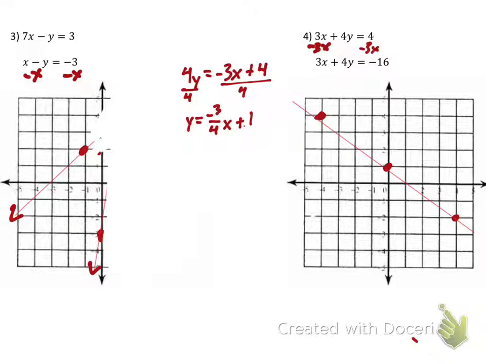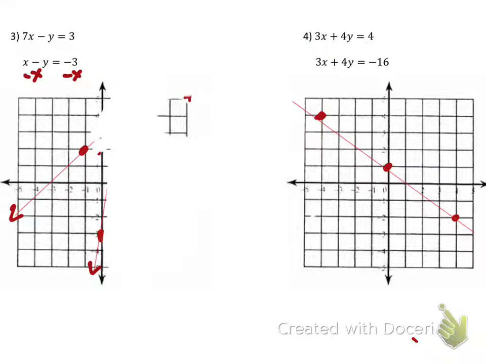And then with the other equation, I am going to do the same thing. I'm going to minus 3x on each side.